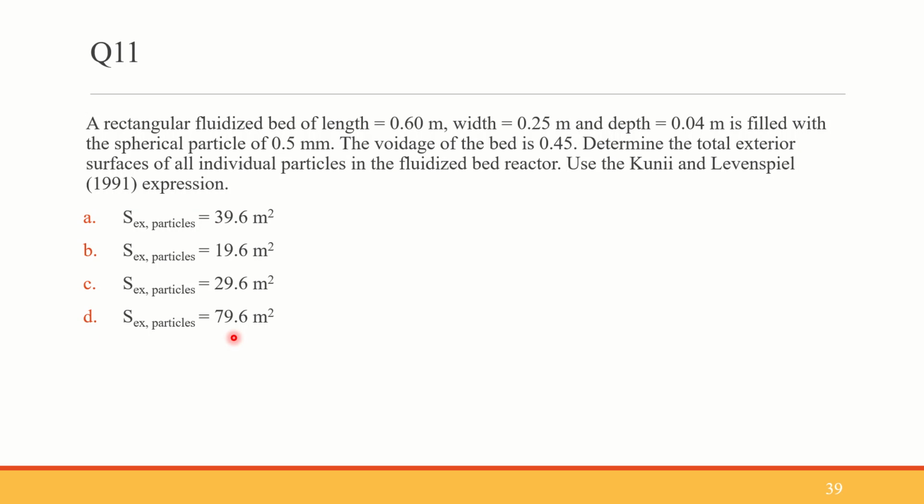Actually this formula we have seen in the previous slides, so it is very easy for you to get the answer if you remember it. So again, go and recollect the formula and get me the solution. We will discuss the answer after 1 minute.